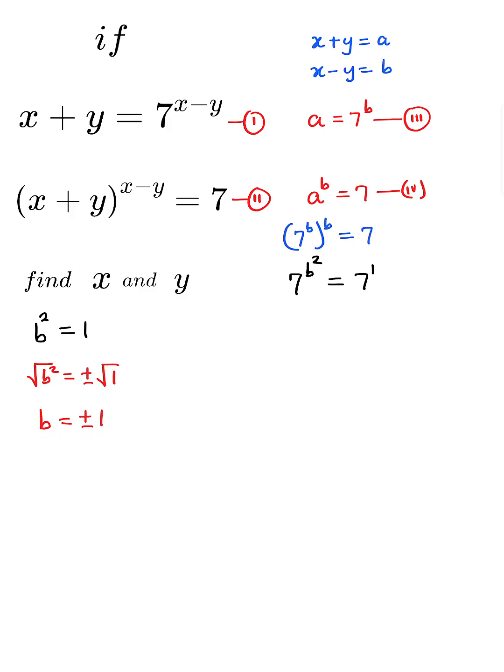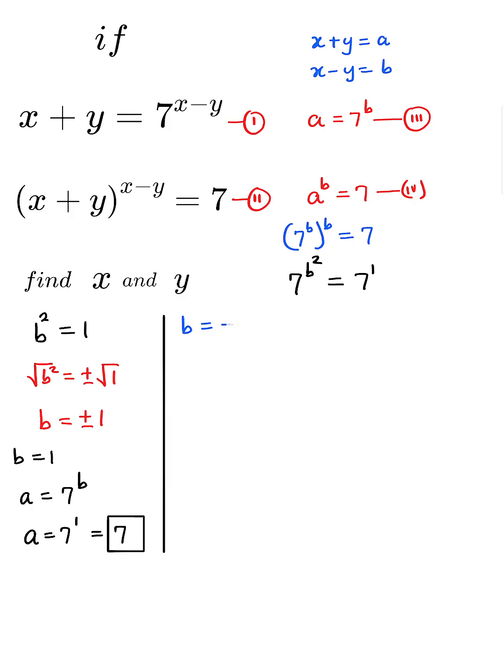So when b equals 1, let's make use of equation 3. For equation 3, we have a equals 7 raised to b. So when b equals 1, our a will then be 7 raised to 1, which is 7. This is the value of a when b is 1. Let us find the value of a when b is negative 1.